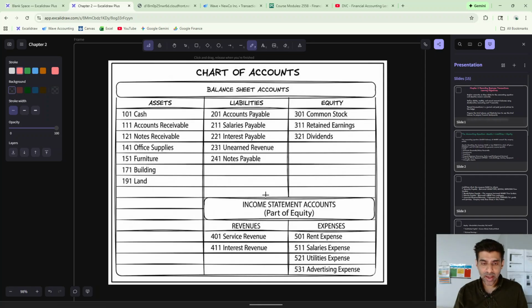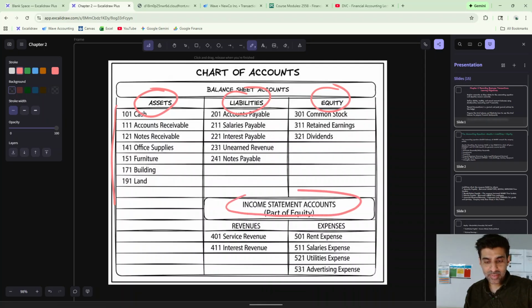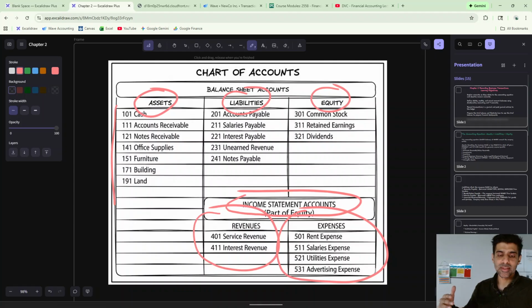So this is called a chart of accounts. You can see that it's arranged by assets, which have all the asset accounts, then liabilities, equity, and then this is part of equity. But since the revenues and expenses go on a separate financial statement, they're given their own numbering.